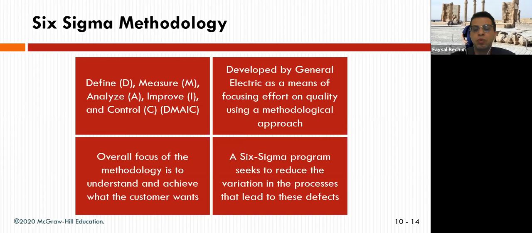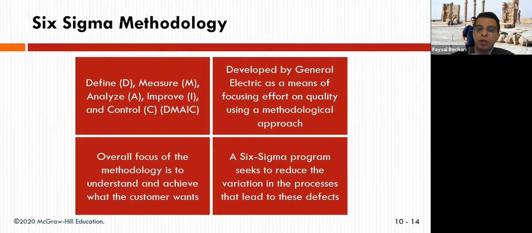But what is the Six Sigma methodology? Six Sigma methodology is define, measure, analyze, improve, and control, which is the abbreviation DMAIC. It was developed by General Electric as a means of focusing effort on quality using a methodological approach.